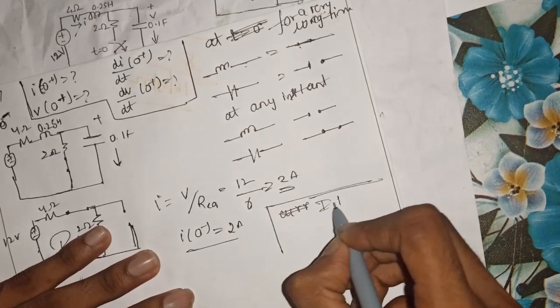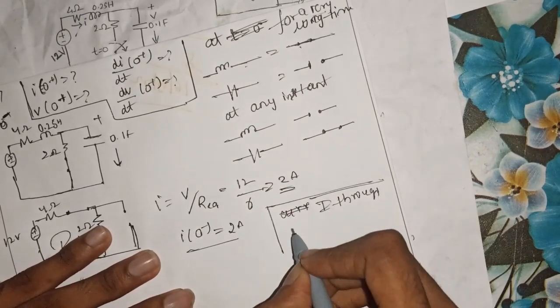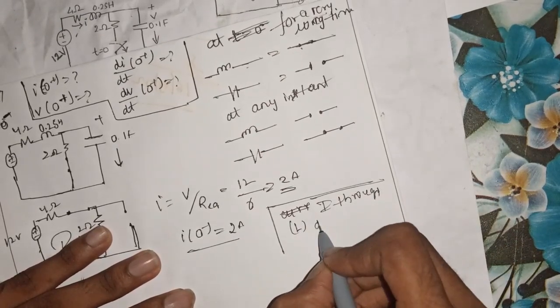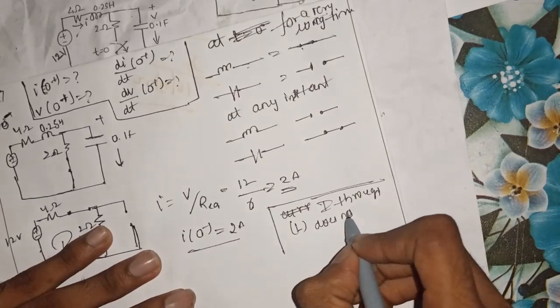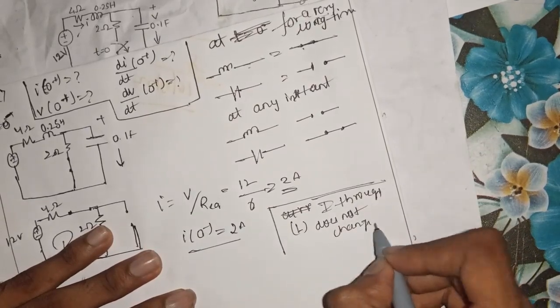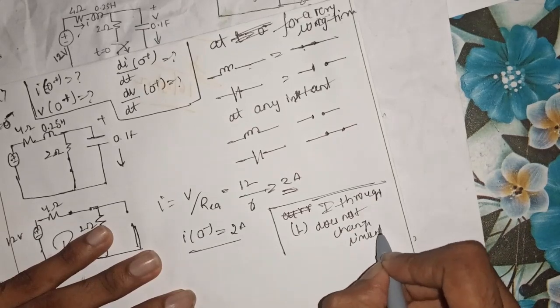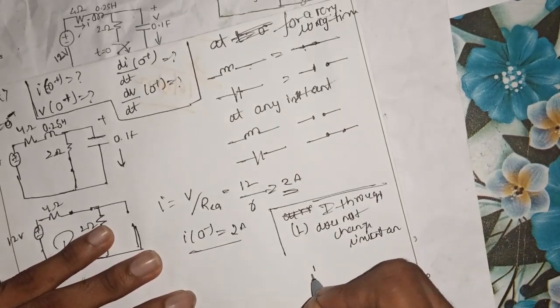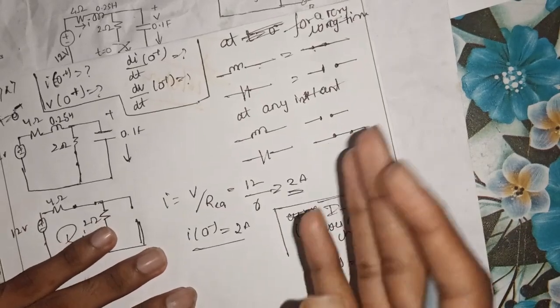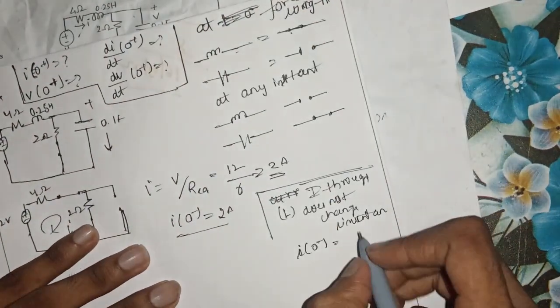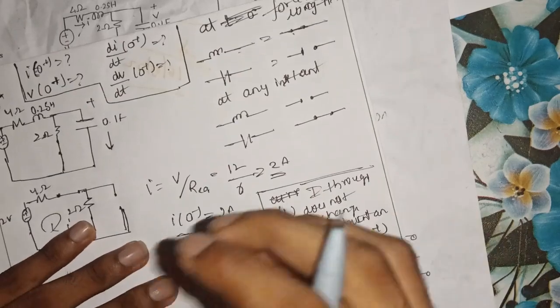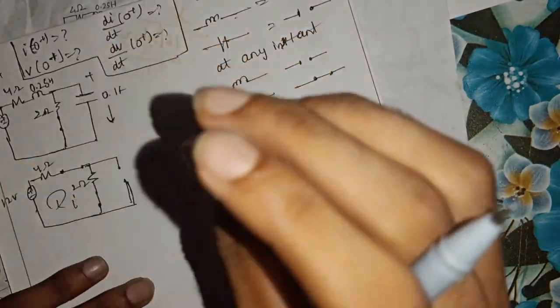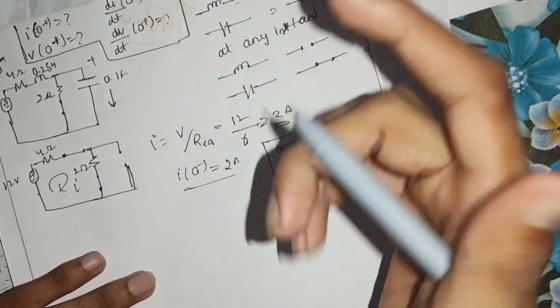That is, current through inductor L does not change instantaneously, which simply means that the current flowing through the inductor before the switching action takes place will be the same current flowing through the inductor after the switching has taken place.